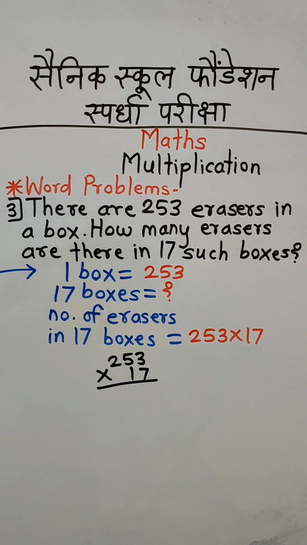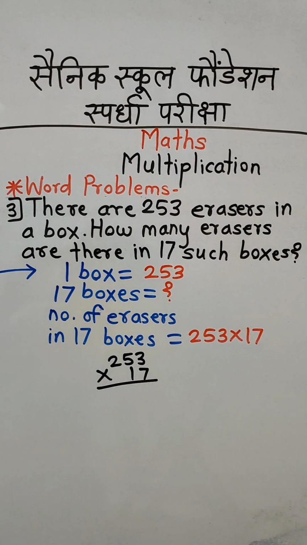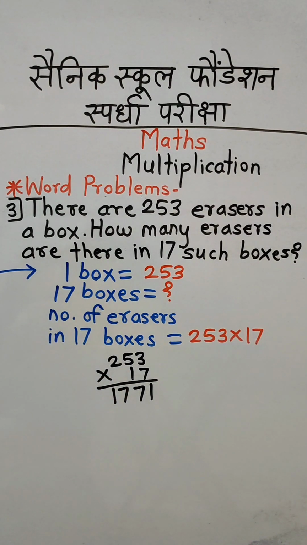To calculate this multiplication, we have written both the numbers vertically. So here we are going to multiply this 253 by units place digit, that is 7, which is 1771. Now we have to multiply the same number 253 by tens place digit, that is 1. So before doing this multiplication, we should write 0 at units place first.